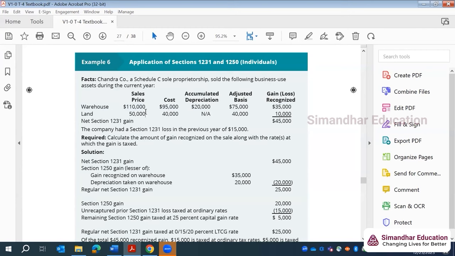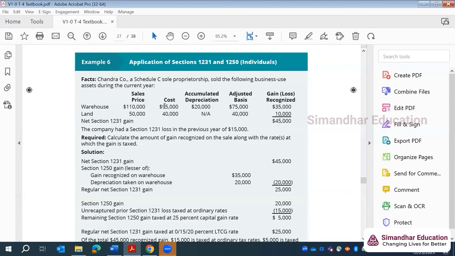Is my sale price over and above my cost price? How much am I selling it over and above my cost price? $15,000 is what I'm selling as over and above my cost price.